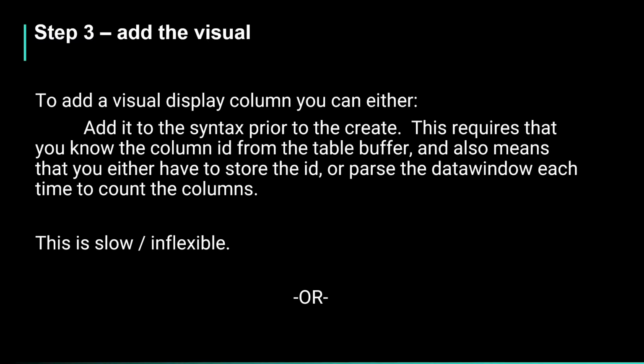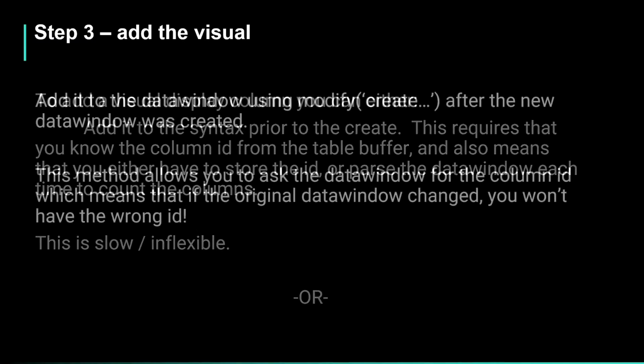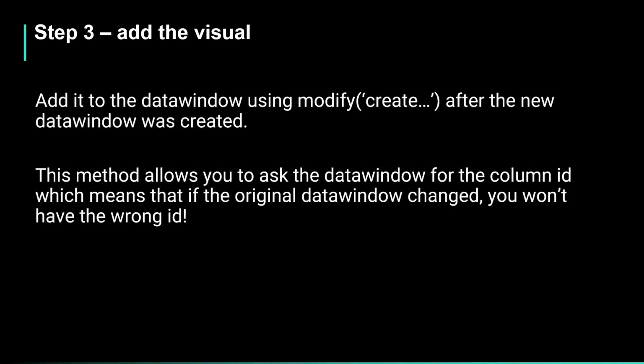We realized it wasn't really working well, and came up with simply doing the initial create, and basically doing a describe for the column name, grabbing the ID, and then using that as a portion of the modify. And we'll go over this in more detail during the demo.